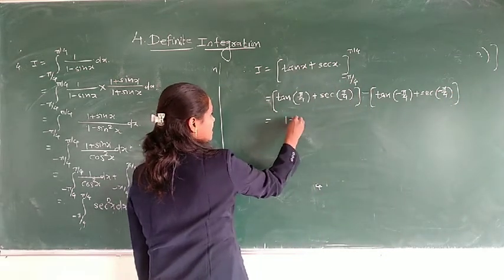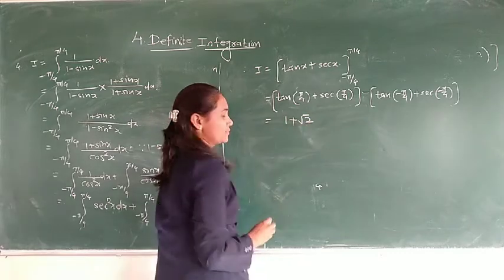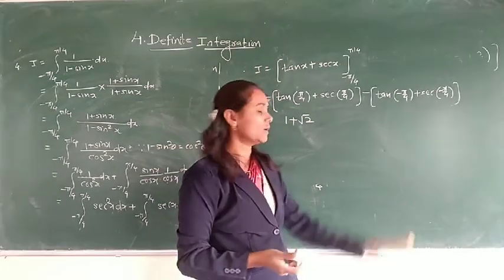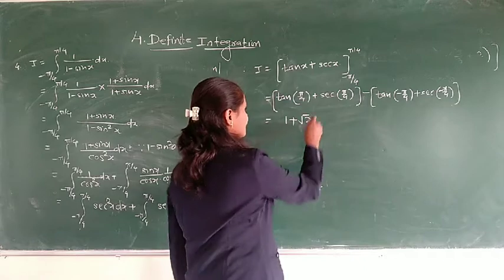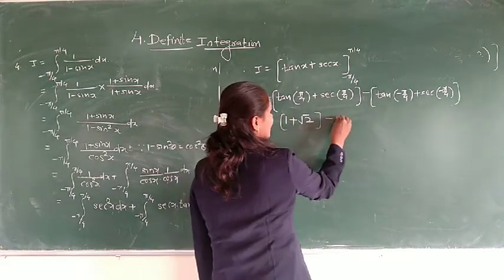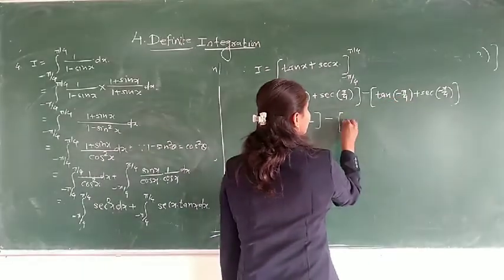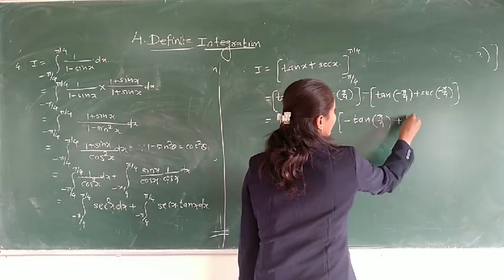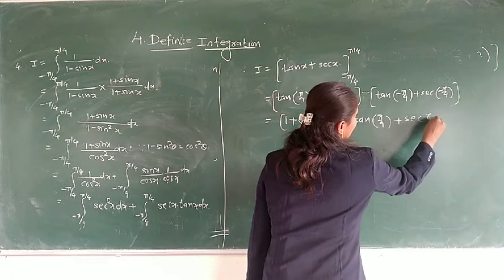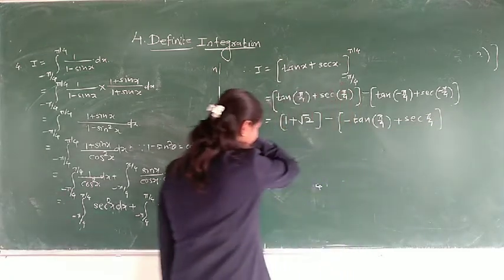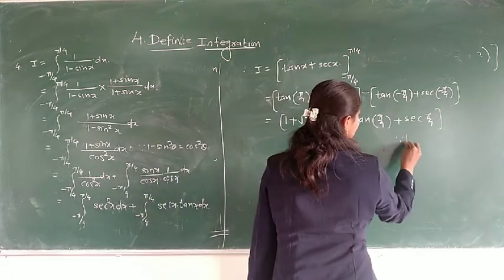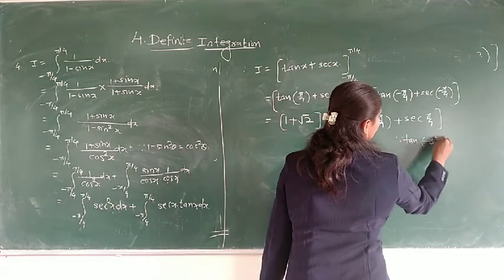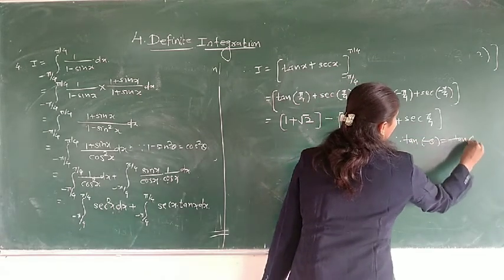Tan pi by 4 is 1 and sec pi by 4 is root 2, since cos pi by 4 is 1 upon root 2. Tan of minus theta is minus tan theta, and sec of minus pi by 4 is sec pi by 4.